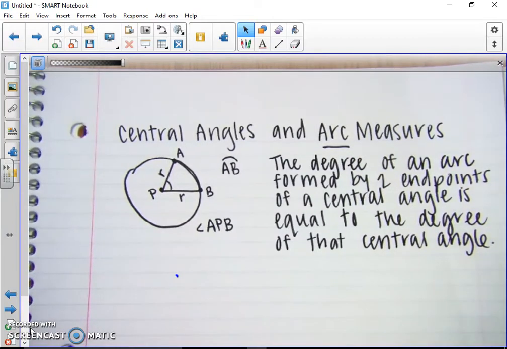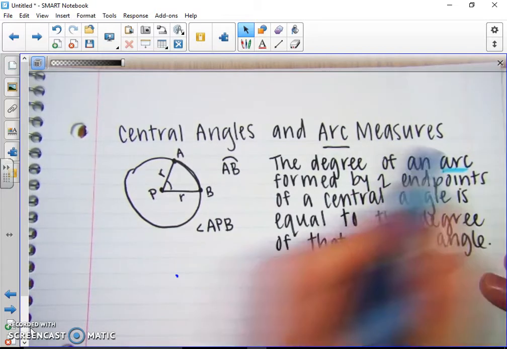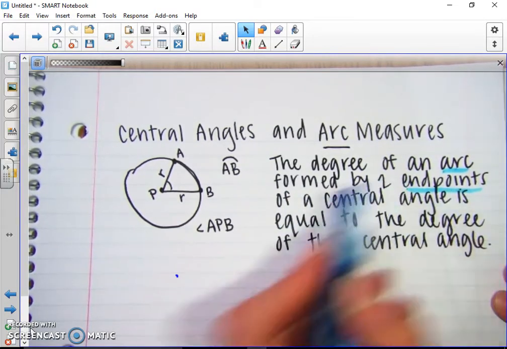Let's go through what we just wrote. The degree of an arc: an arc formed by two endpoints of a central angle.